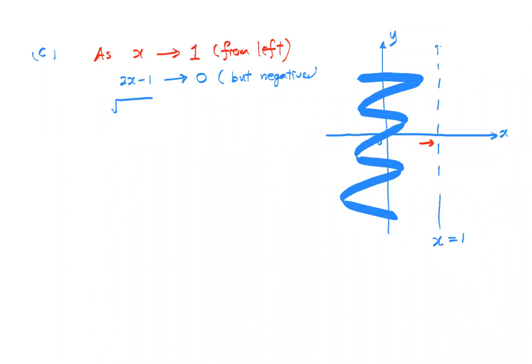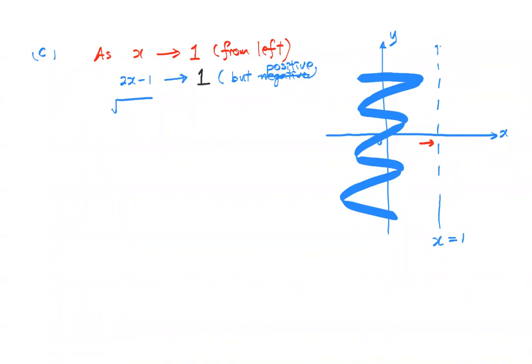Like 2 times 0.99999, it will be 1.999998. So you take away 1, it's still 0.9999. So it approaches 1. Approaches 1.